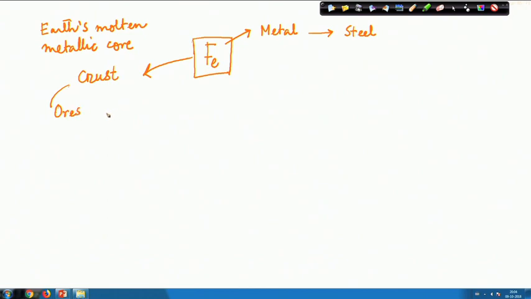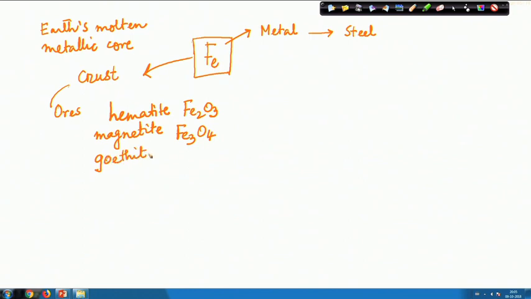The most important three are hematite, which is Fe2O3, then magnetite, which is Fe3O4, or goethite, which is one particular form or phase, the alpha phase of FeOOH.